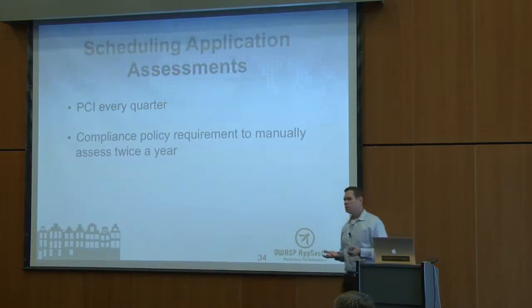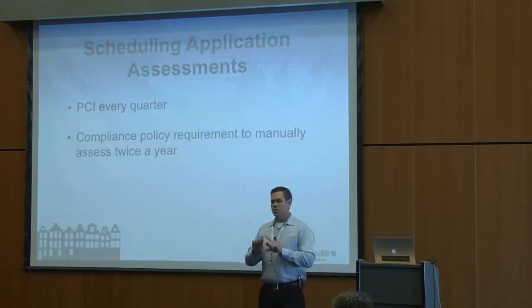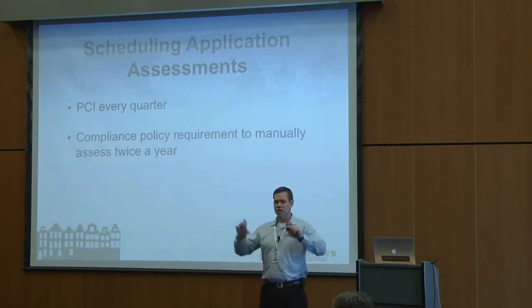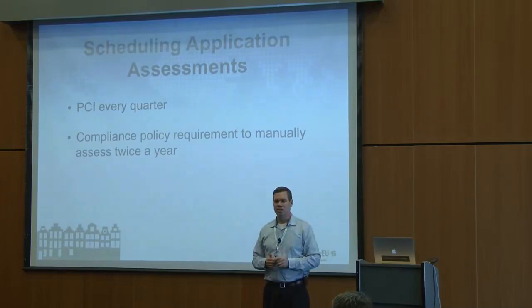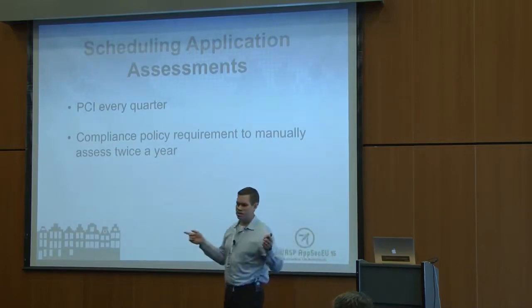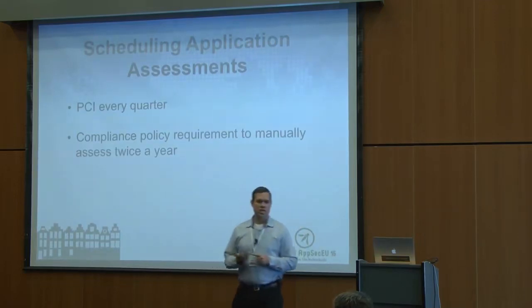Some other things that you can do, right? I mentioned this a little bit earlier, with your assessment schedule, you can really have the tools start planning your whole roadmap out for the entire year. Based on what your security compliance policy is, maybe it says you must do an assessment of your application 2 or 3 times a year.